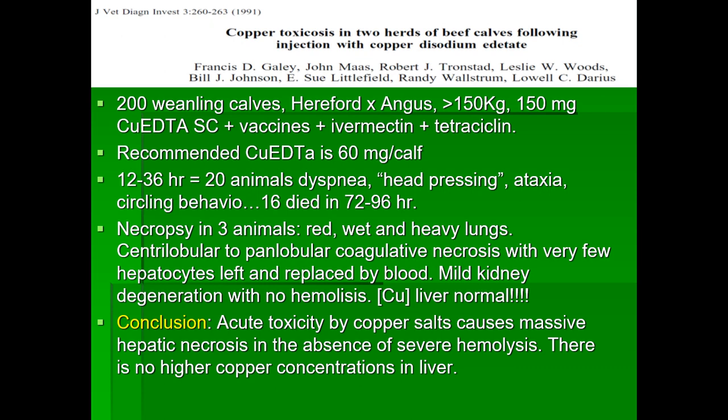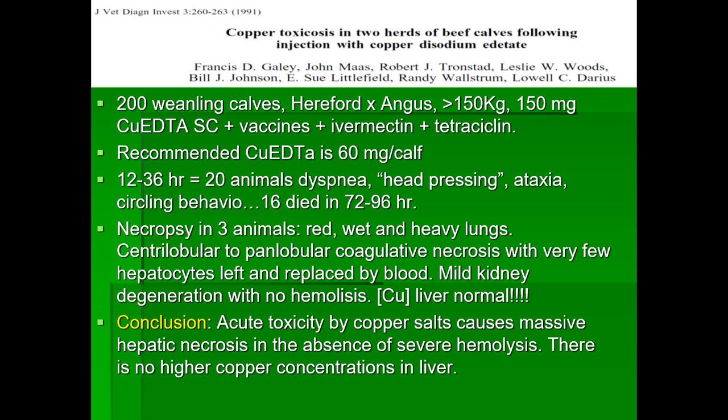The necropsy in 3 animals showed very congested, heavy lungs, and the main lesions were severe, extensive necrosis of the liver lobules. All the hepatocytes had mostly disappeared, and they were replaced by blood, just like when we talk about microcystin.